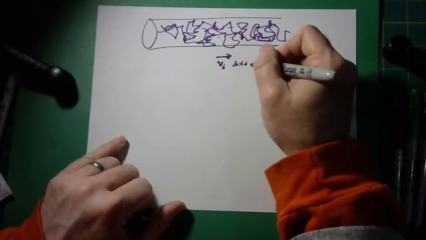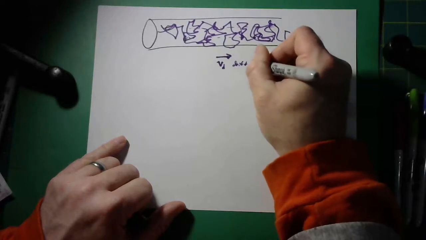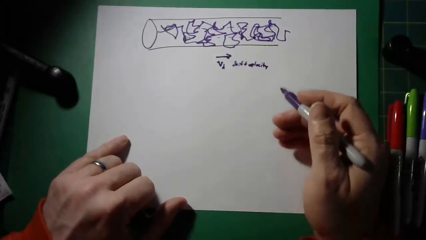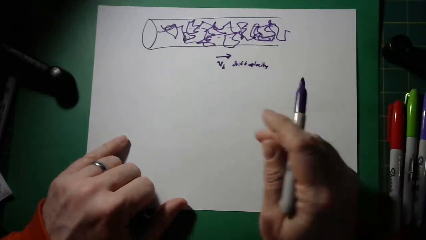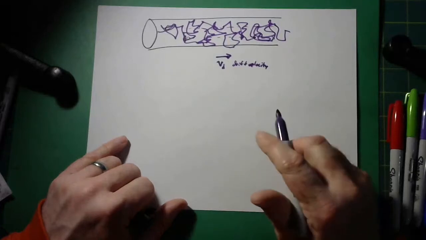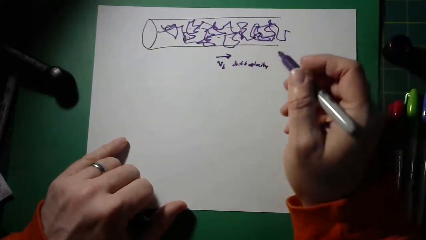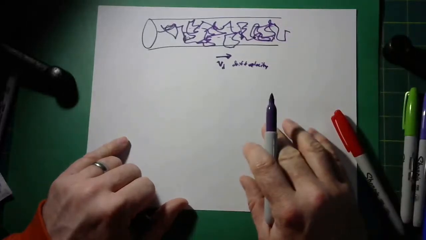These little electrons are just zipping around. But the velocity downstream is relatively slow. It's in units like centimeters per second, right? That is how fast the current is actually flowing down the wire. The particles are moving ridiculously fast, but how fast on the whole they're moving downstream is relatively slow.